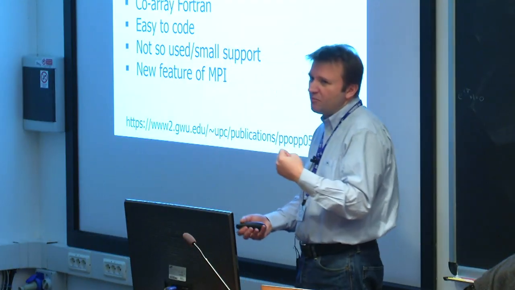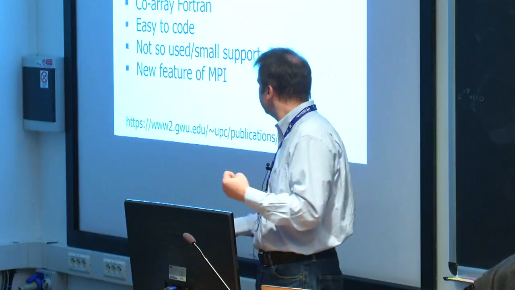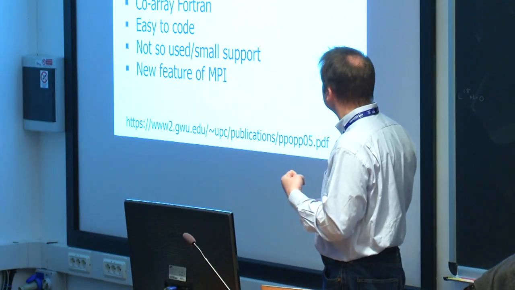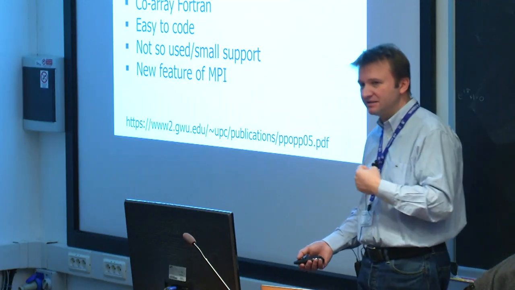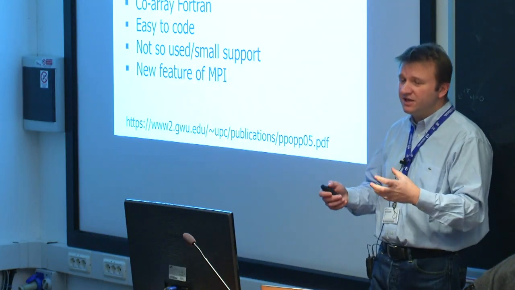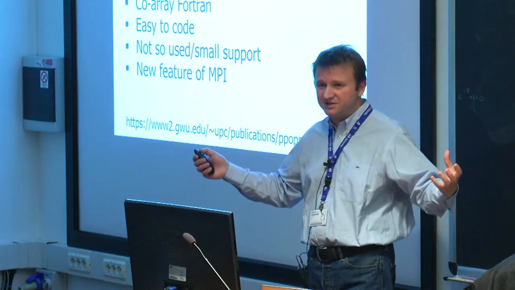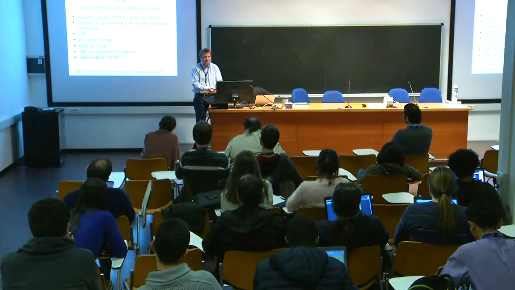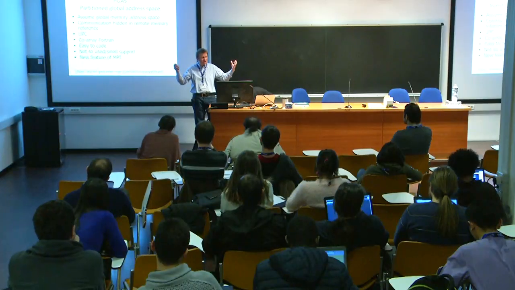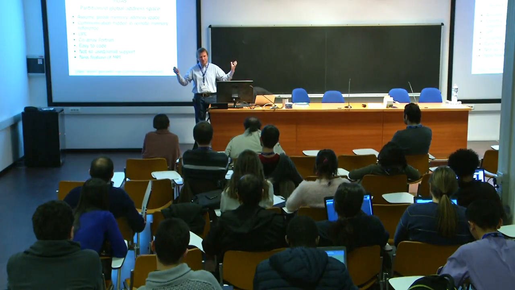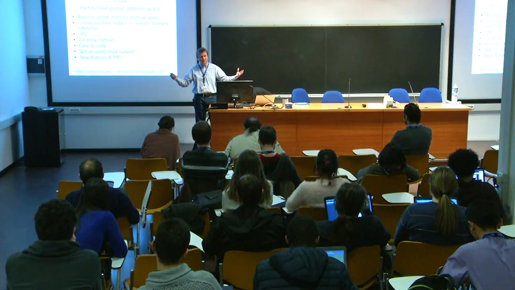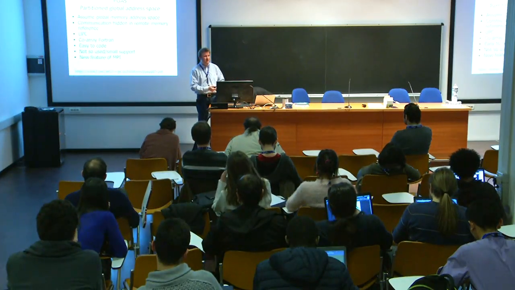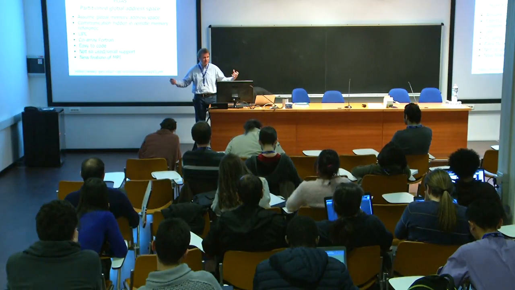Obviously, in this framework, the communications are hidden in the remote memory references. So obviously, if you have a single address space, physically you don't have it. You can logically have it from the point of view of the programming model, but at the end, physically, you have different memory in different nodes.